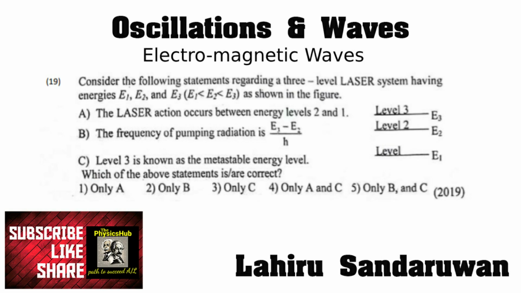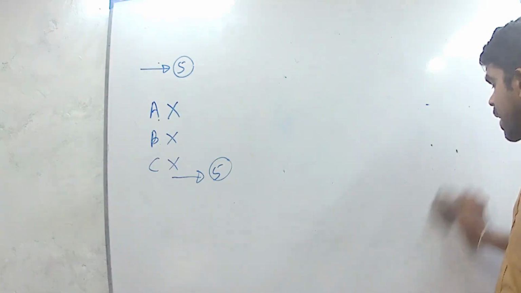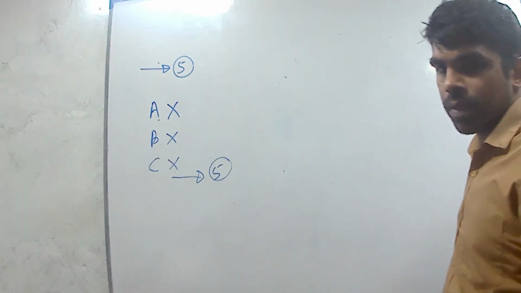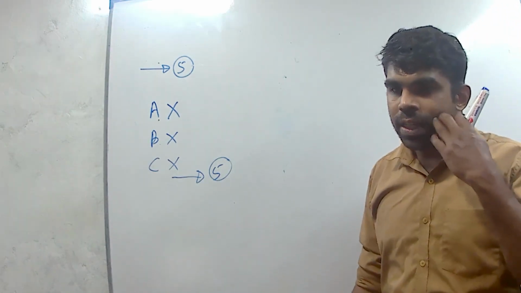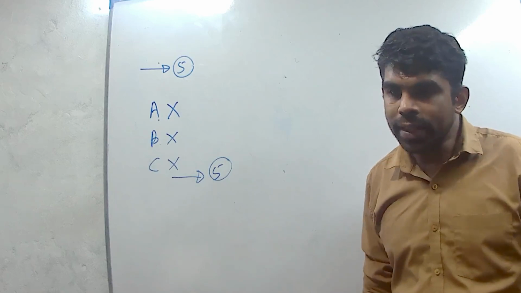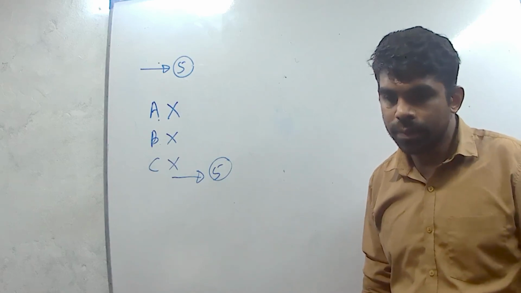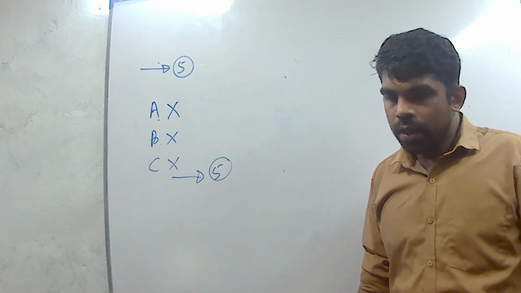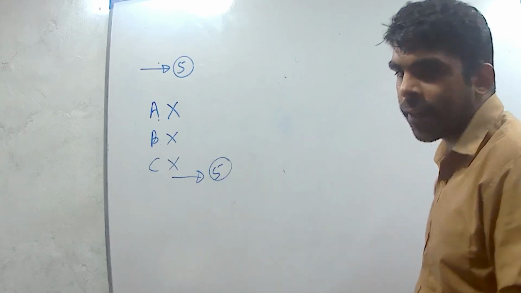Consider the following statements regarding a three-level laser system having energies E1, E2 and E3. E1 is less than E2, E2 is less than E3, as shown in the figure. Statement A. The laser action occurs between energy levels 2 and 1. Yes, it is correct.